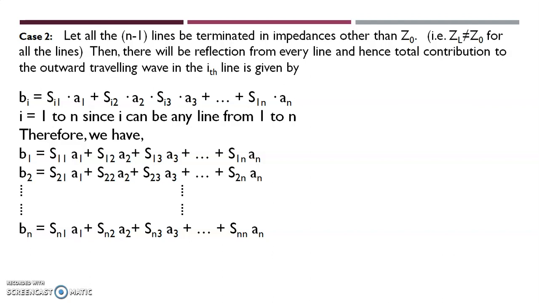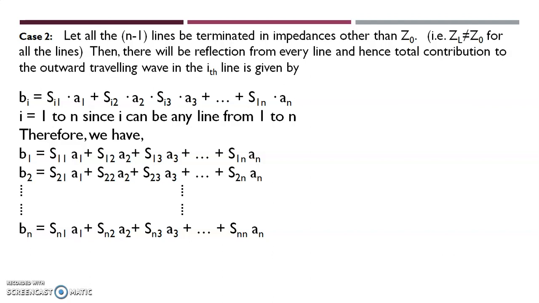The 1 is the power reflected from the first line, Si2 the power reflected from the second line, Si3 the power reflected from the third line, Sin the power reflected from the nth line, and A1, A2, A3, An are the incident waves to the specific ports.